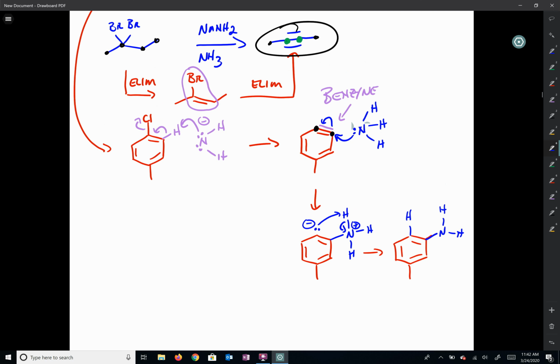You'll need a halide because you're doing an elimination. You want to have unactivated rings, not deactivated rings, but just kind of neutral. This reaction doesn't really work very well if you've got a lot of electron density in the ring itself.